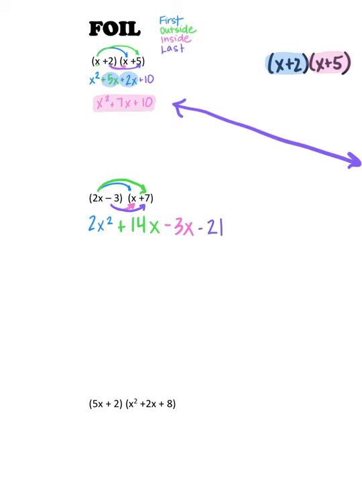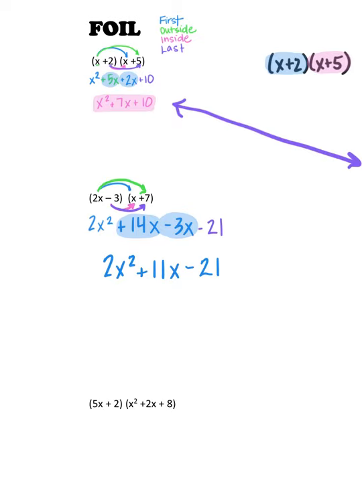I can combine some of these. I can combine my 14x and my negative 3x. And when I rewrite it, I get 2x squared plus 11x minus 21.